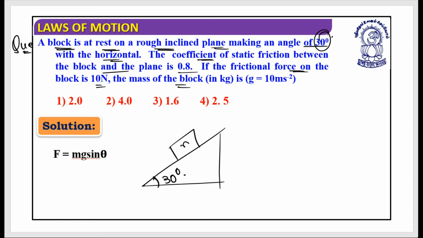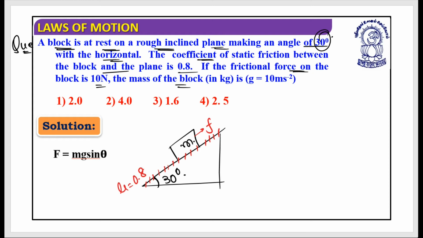We don't know the mass of the object; that is what we are working for. We know the coefficient of static friction, mu equals 0.8. If the frictional force on the block is 10 Newton, let's suppose friction is acting over here. We require the mass of the block.